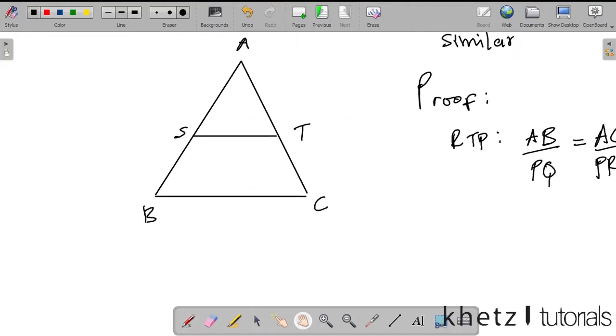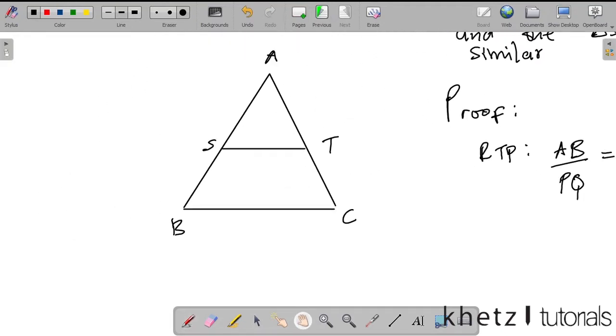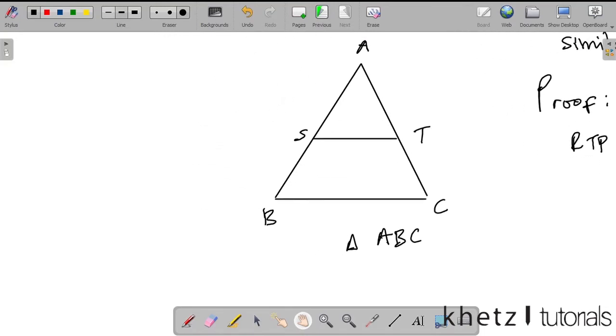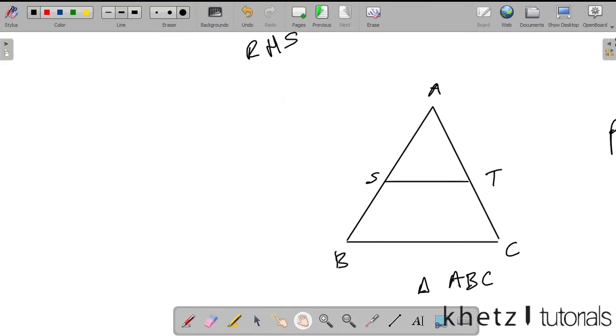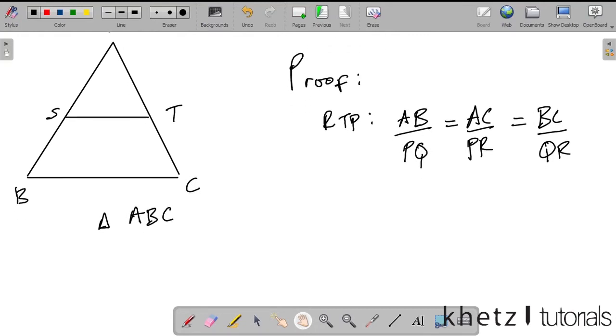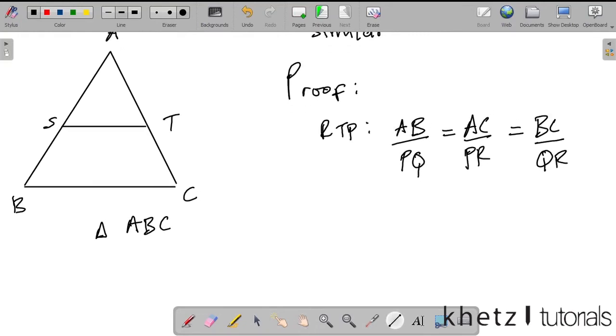So let's say we're initially given a triangle ABC. We just drew that ST line to help us do our proof. And we're also given another triangle. Let's draw it closer to this side so we have everything in our view. It's much smaller or bigger, it doesn't really matter.